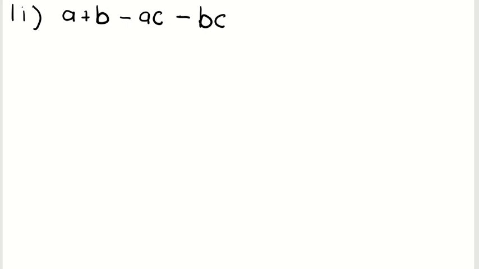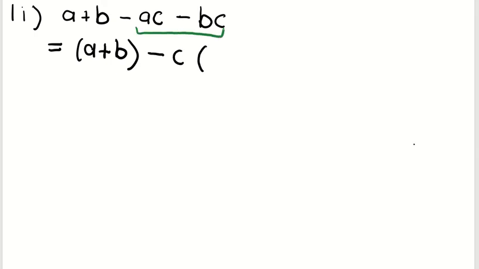Okay, then here, there is no common factor between the first two, so I'm going to leave those two alone again. I'm just going to put them in brackets. Then I'm going to take out minus c, so that at the last two, I'm going to take out minus c, so that I am left with a plus b.